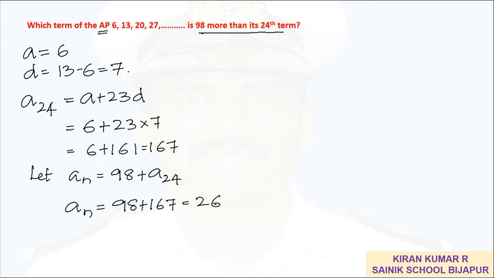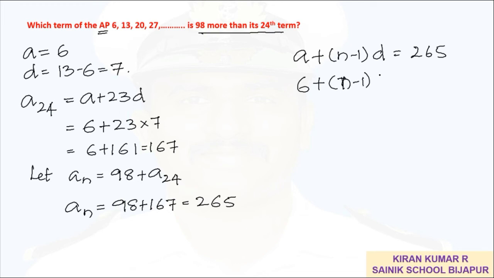The sum is 265. Now I will use the formula A plus N minus 1 into D as AN. AN is 265. So A value taken as 6 plus N minus 1, written as it is, multiplied to the common difference equal to 265.